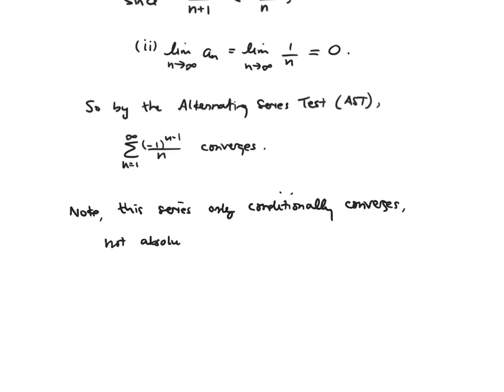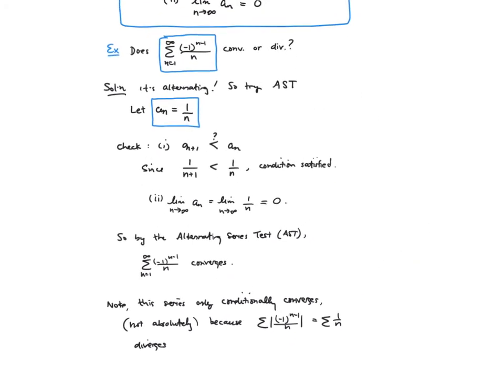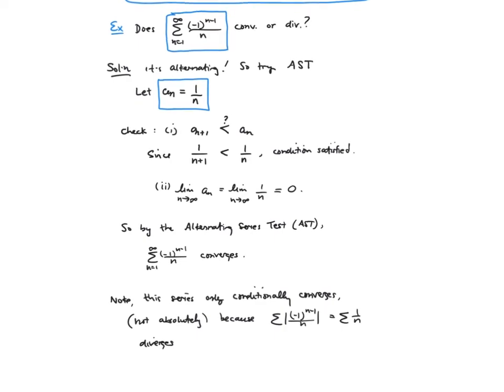Not absolutely, because the summation of the absolute value of negative 1 to the n minus 1 over n, which was just the sum of 1 over n, diverges. So this is an example where we have what we call conditional convergence, not absolute convergence.